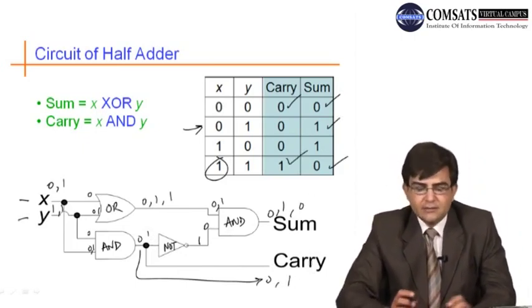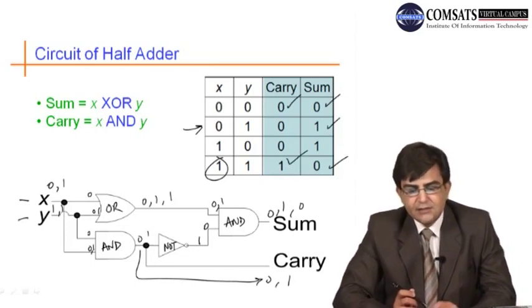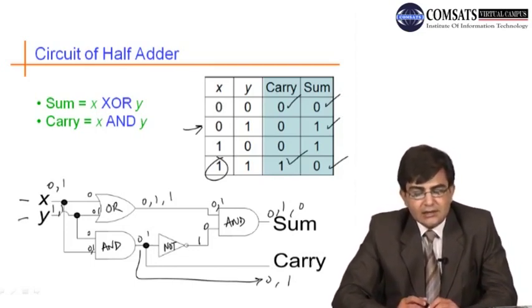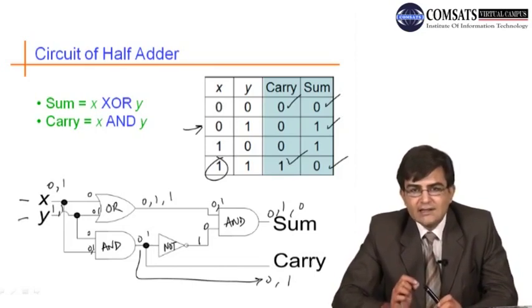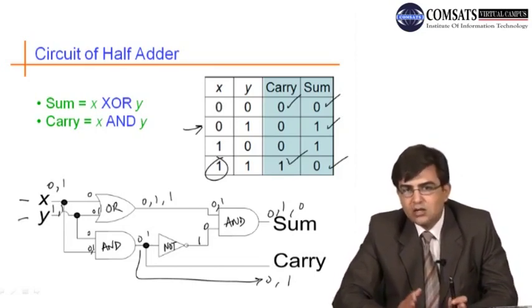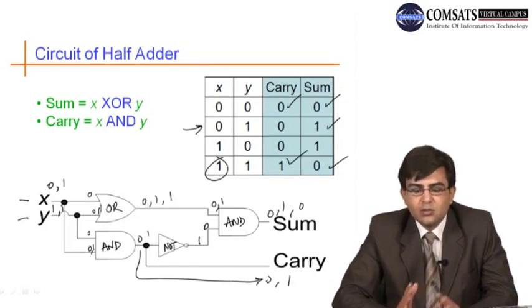So this circuit basically describes the sum of two single digit binary numbers, either 1 1, 1 0, 0 1, or 0 0.